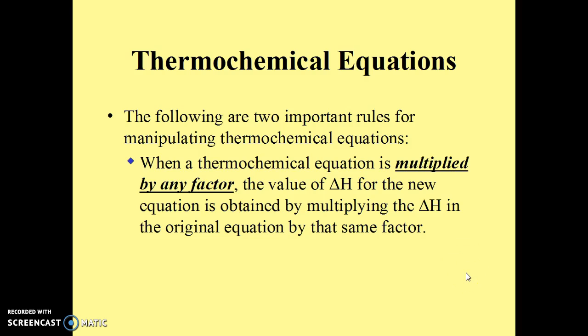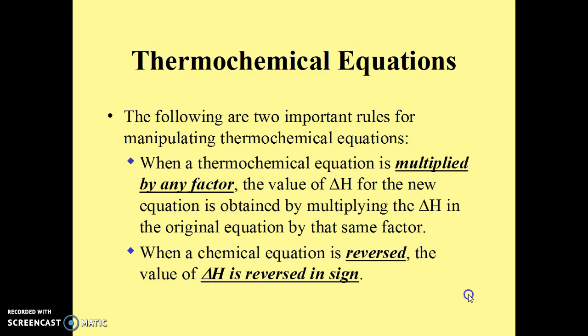So for instance, if we were burning 2 moles of coal, then we would double the negative 394 kilojoules to get the enthalpy change. Also, if you reverse a chemical equation, the value of delta H is reversed in sign. So an exothermic equation, when you make it an endothermic equation, you change the sign of the delta H.